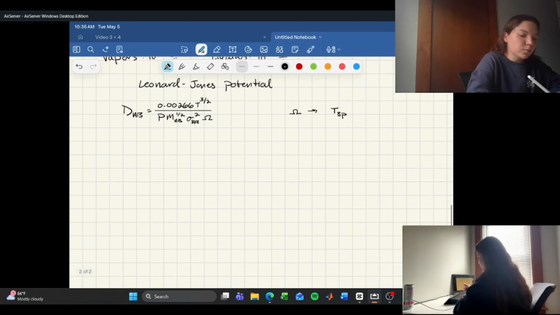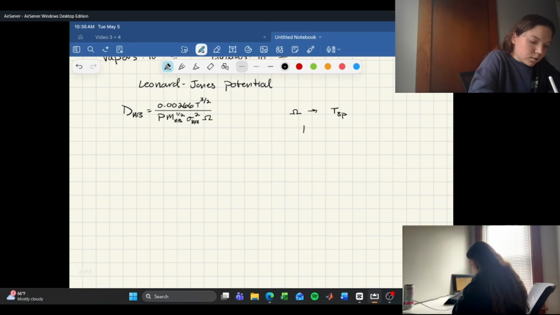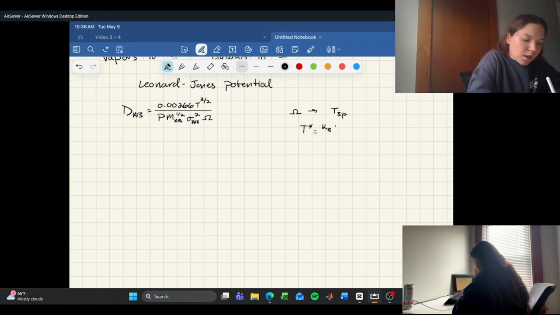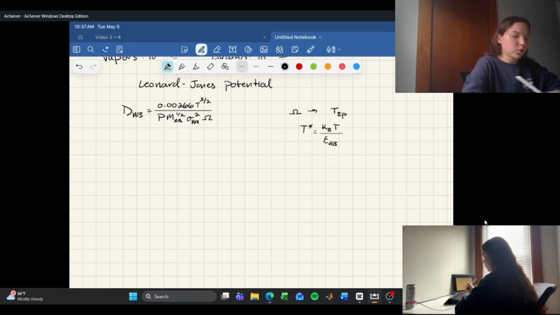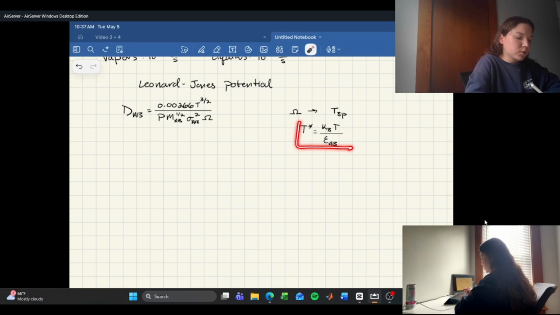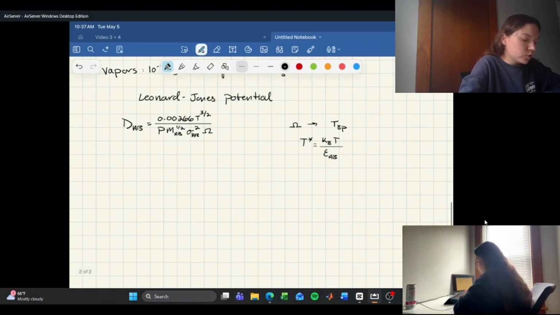And this can be estimated by saying T star is equal to the Boltzmann constant times the actual temperature over the energy of molecular interaction between component A and B. So you would use this estimate to solve for the collision integral of diffusion, and that will give you your diffusion coefficient, and this is going to be for a vapor.